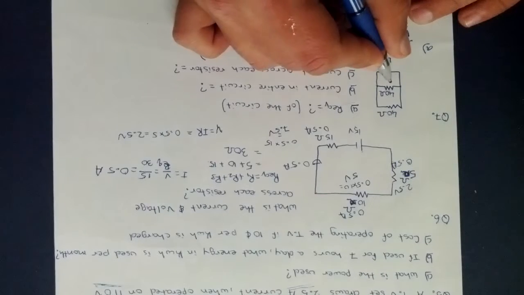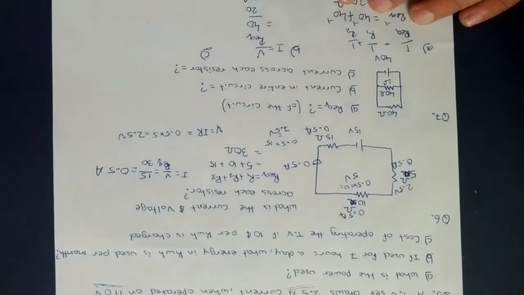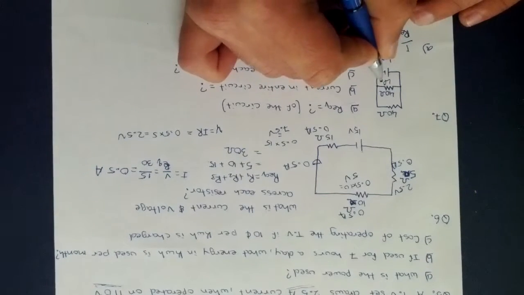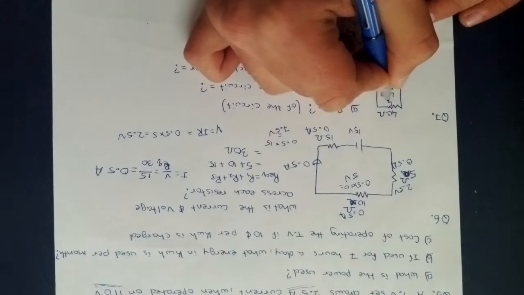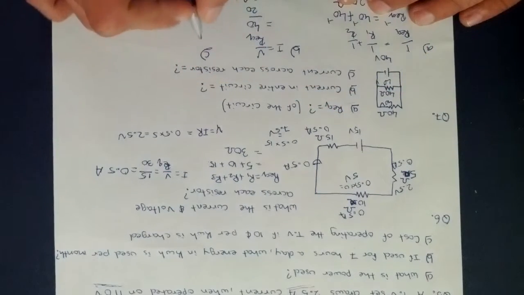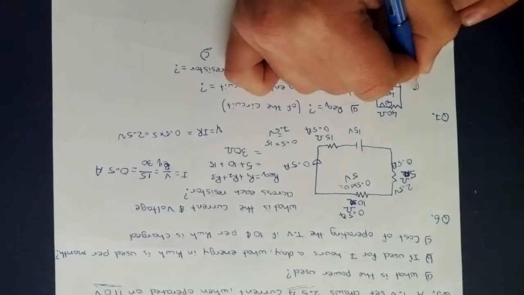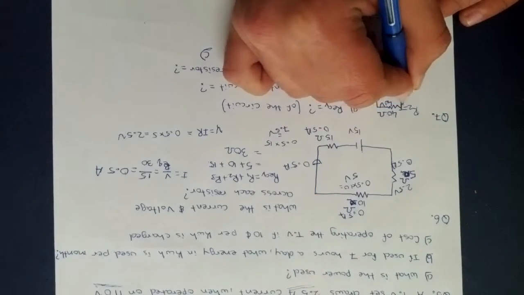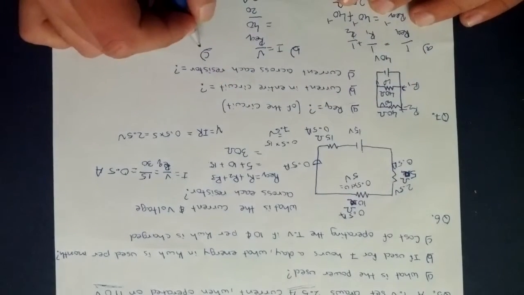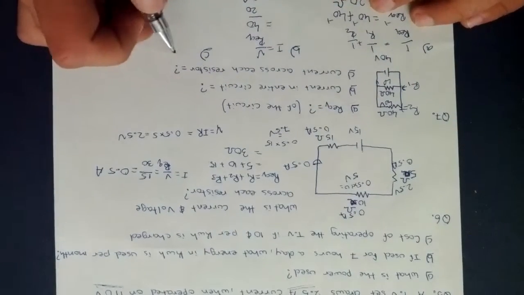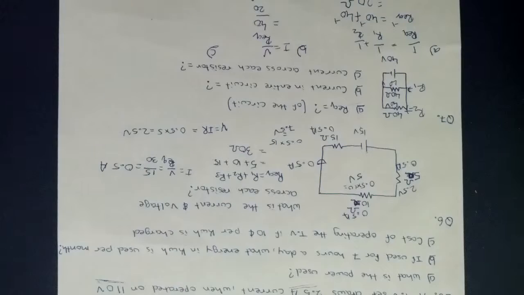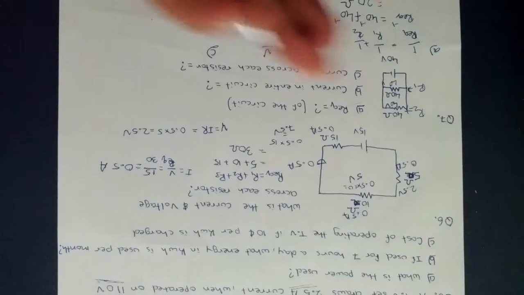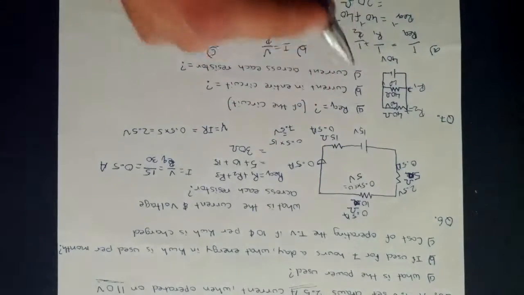So it would be 40 volts over here and 40 volts over here. Let's call these R1 and R2, the resistors respectively. In this particular question, I'm just going to treat them as one because they have the exact same value.